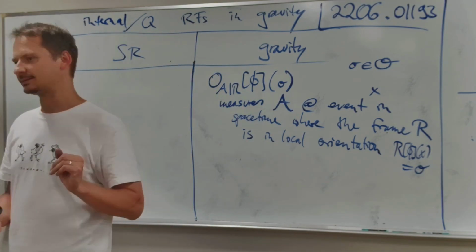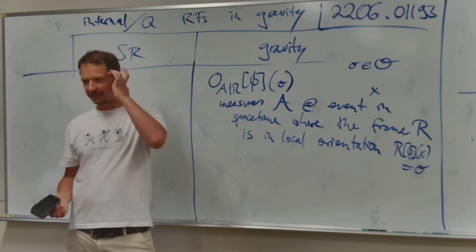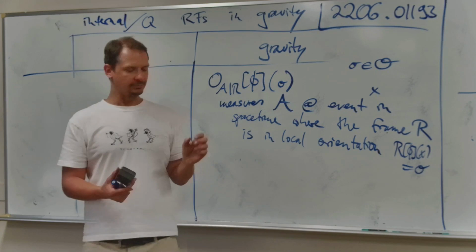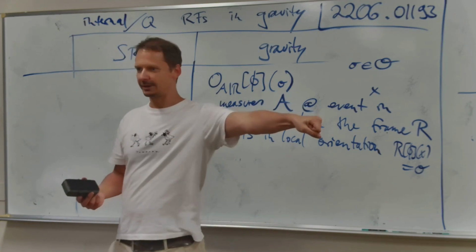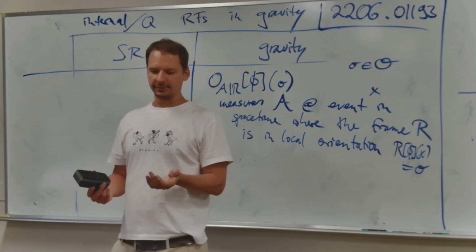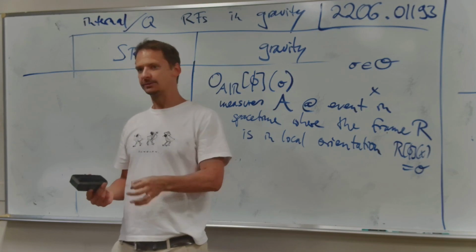It's basically the same as in standard gauge theories, but the real core difference that makes this so much more difficult in gravity is that diffeomorphisms don't act locally. They take a point in spacetime and map it to some other point in spacetime. Whereas in gauge theory, local gauge transformations act locally at each point.